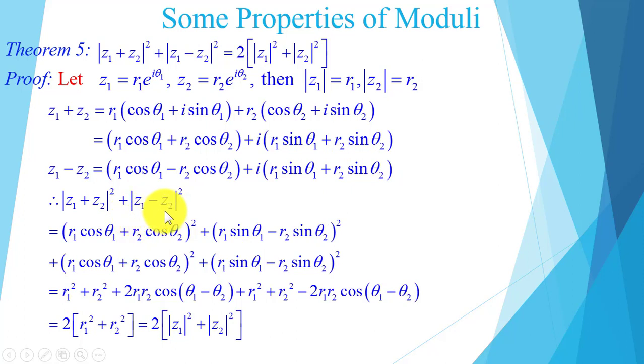Similarly, modulus z1 minus z2 whole square is equal to this. It is equal to r1 square plus r2 square plus 2 r1 r2 cos (theta 1 minus theta 2) plus r1 square plus r2 square minus 2 r1 r2 cos (theta 1 minus theta 2).